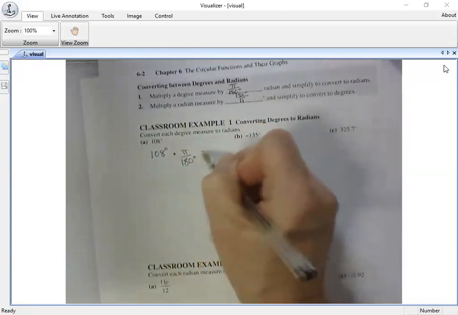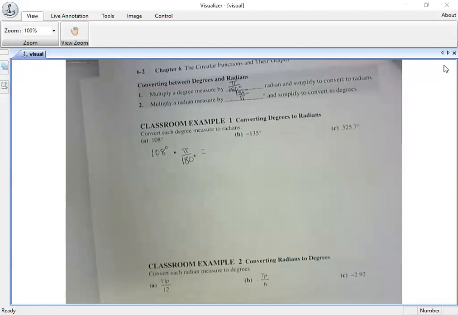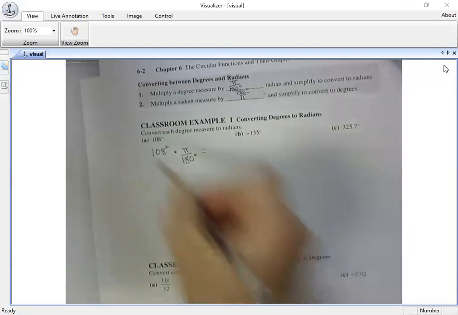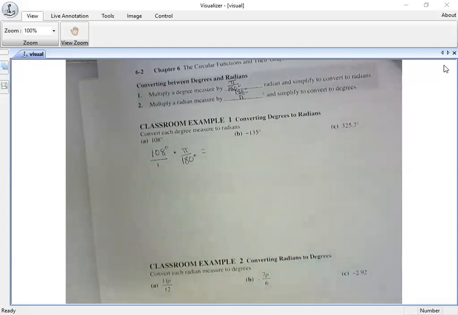Now, do you think we can reduce down the 108 and the 180 somehow? Yes, I think we can. I mean, clearly they're both even numbers, so I know they've got some sort of common factor. Do you think anything else would go into them besides 2? Or do you just want to start with 2 and see where we end up? 9.